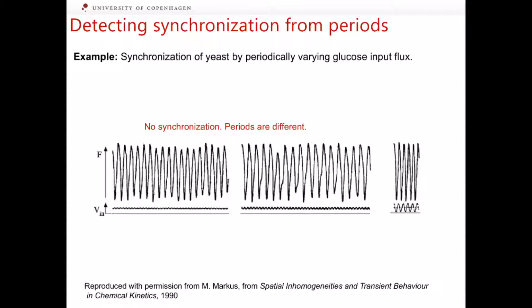In the right-hand panel, glucose amplitude is much larger than before. With this, the period of glucose oscillations is much closer to the period of natural oscillations of yeast, although it still stays smaller. However, even with a relatively small amplitude of glucose, it becomes possible to synchronize yeast cells. One can see this very clearly by comparing instantaneous periods. The periods become equal, and this is called one-to-one synchronization.